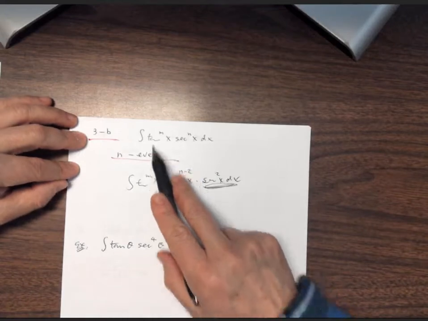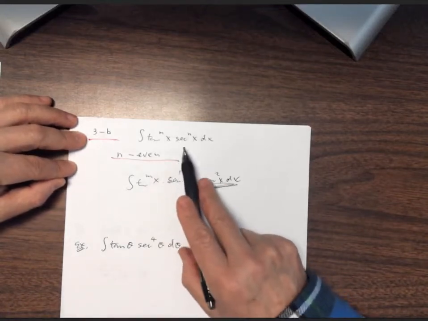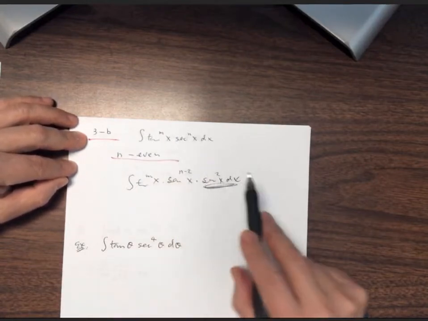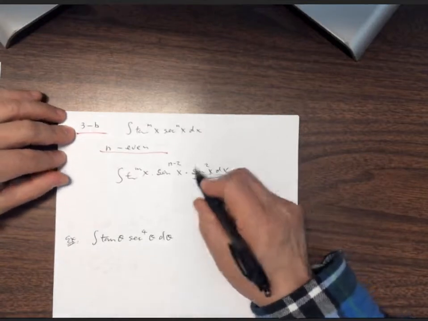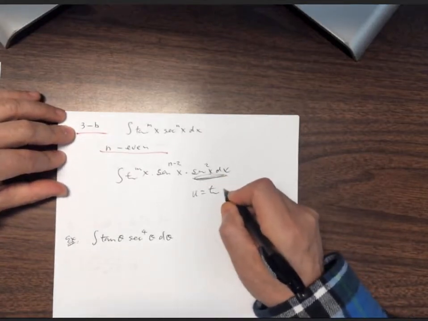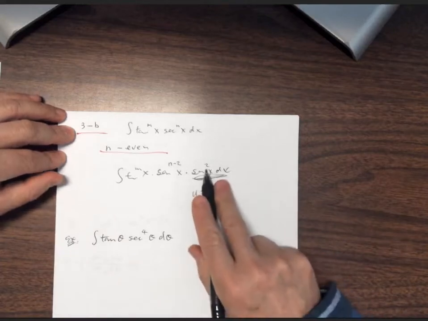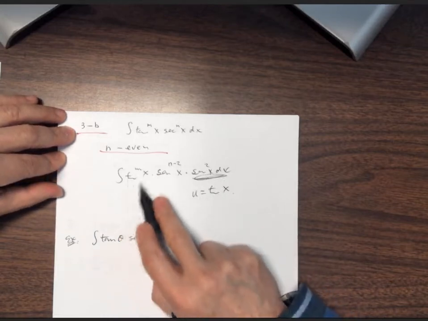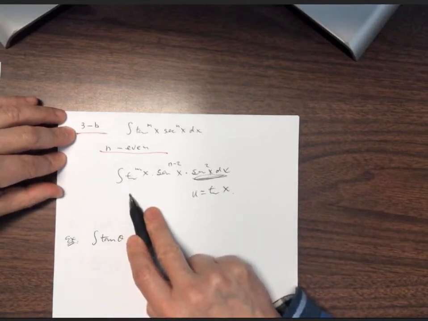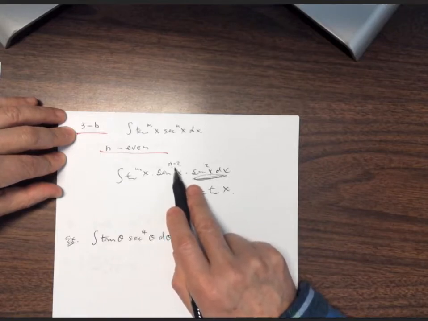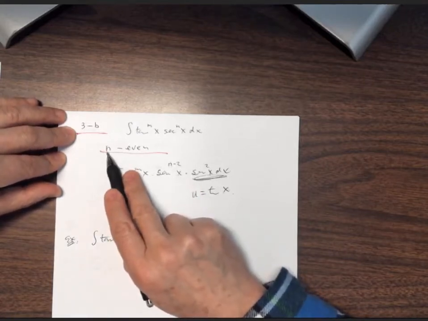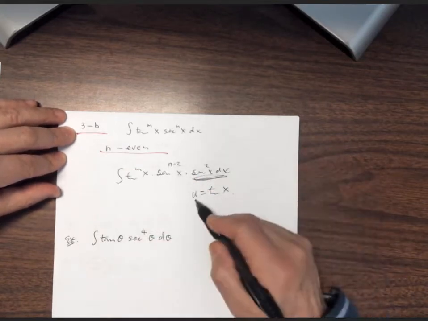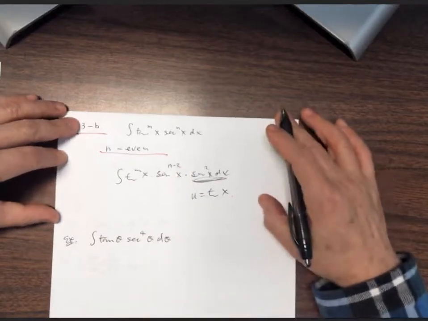If it's a combination of a power of cotangent and a power of cosecant, you would have 2 copies of cosecant put back. Now, it's obvious this time we'll be thinking about the tangent, because the derivative of tangent will be secant squared. With this substitution, that becomes directly a power of u, and this, remember, is still even because we start with n even, and n minus 2 is even. An even power of a secant can be turned to tangent or u, so we can see this would work out.